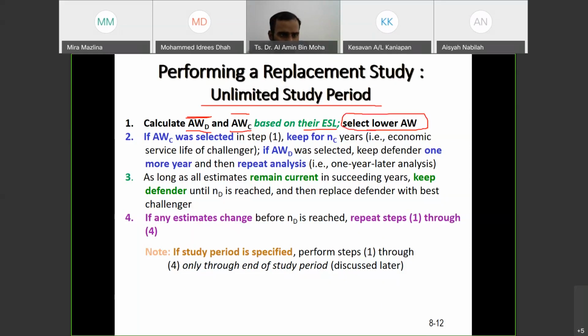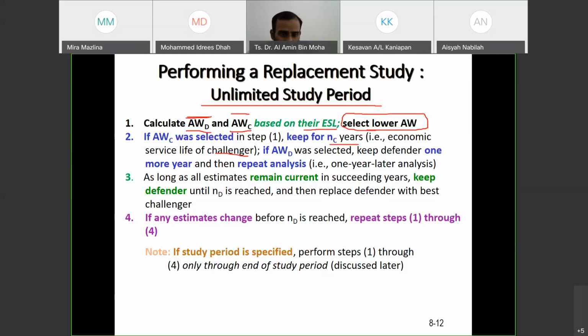If AW challenger was selected, it means that the challenger, the new equipment or new asset, was selected in step 1. So we keep it for n years that we already calculated, the economic service life of the challenger. Let's say you calculate the challenger n is 10. I mean the new product, if we replace it, can function well for 10 years. The old one can function for 3 years. So we can select and use for 10 years.